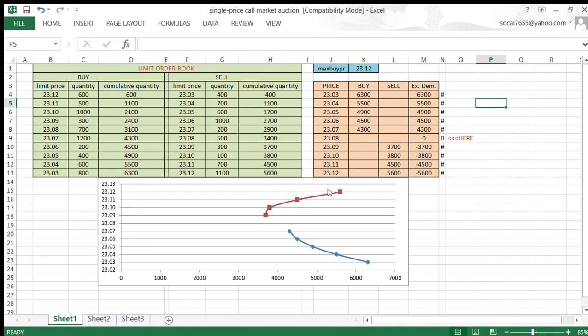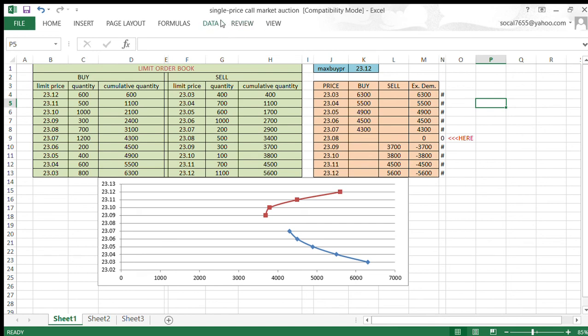Remember, after the opening price, we have a continuous bilateral auction. But the opening price is determined via something that's called, the name of the spreadsheet, a single price call market auction.